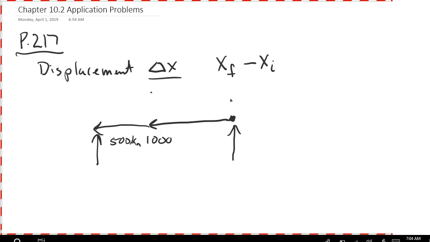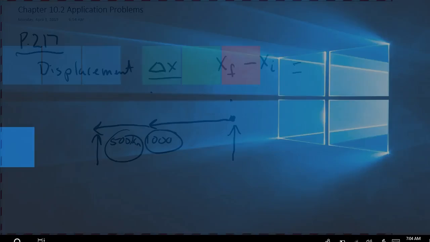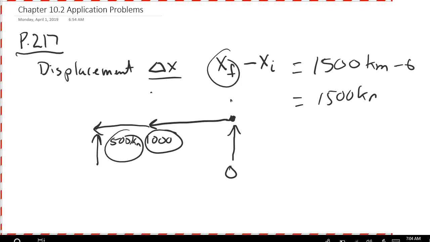So in this case, you're just going to add up these two distances. So x final is to the left 1,500 kilometers, and that's the final position. And the initial position is 0, because this was 0 here.